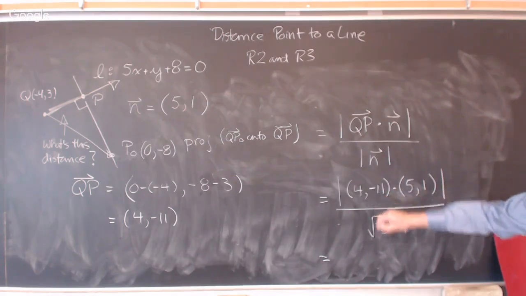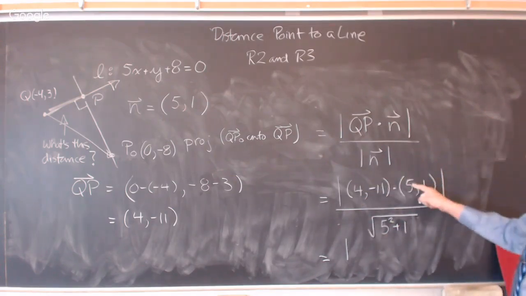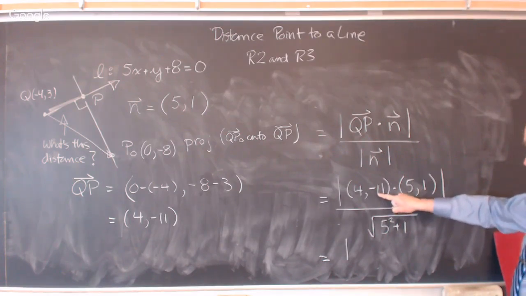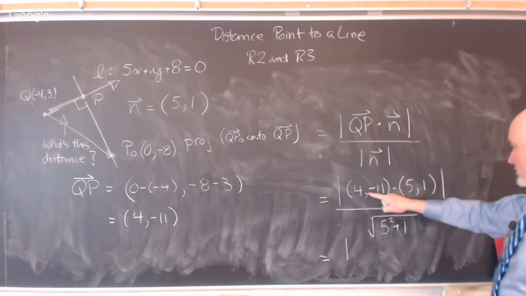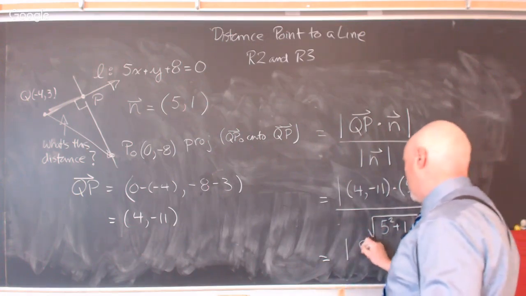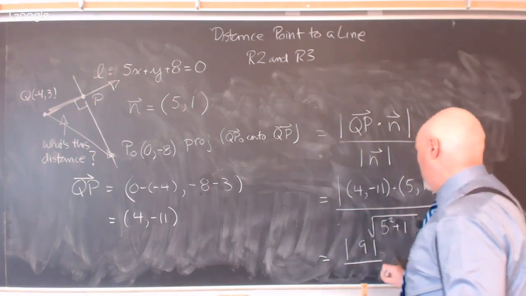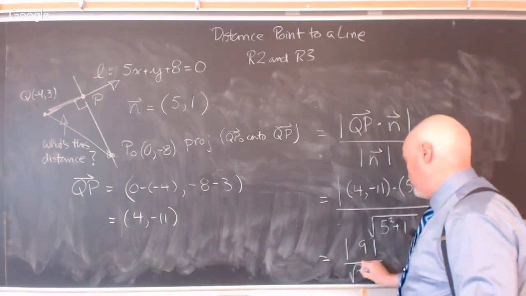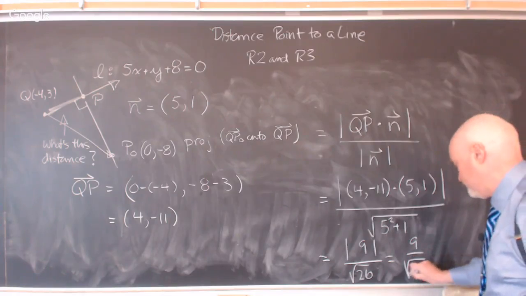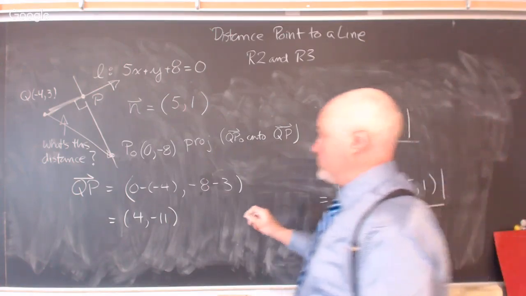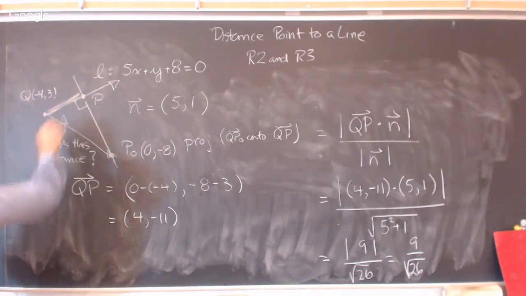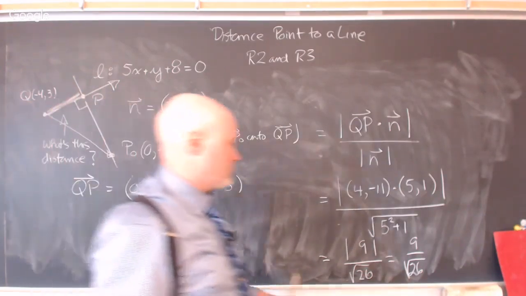Okay, so let's do the dot product of the top. 4 times 5 is 20 plus negative 11 times 1. And so the top ends up being 20 minus 11. So 9 over square root of 26. So just 9 over root 26 is the magnitude of the projection of QP naught onto QP.